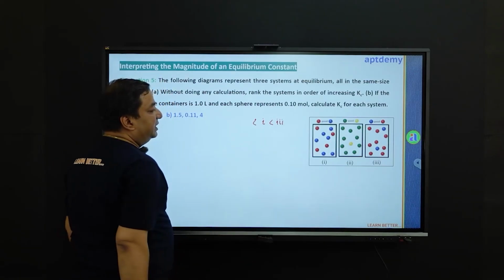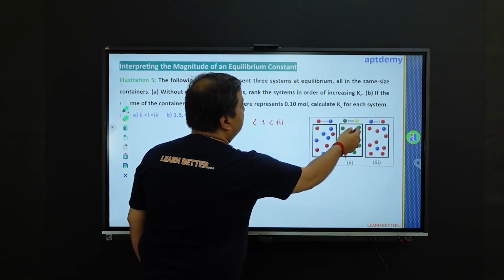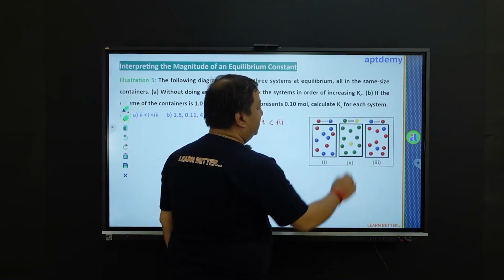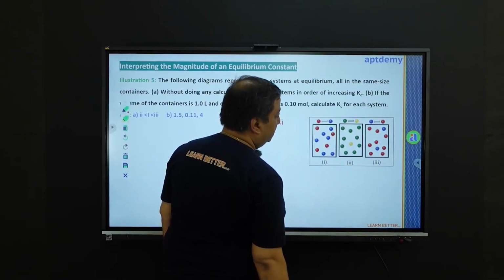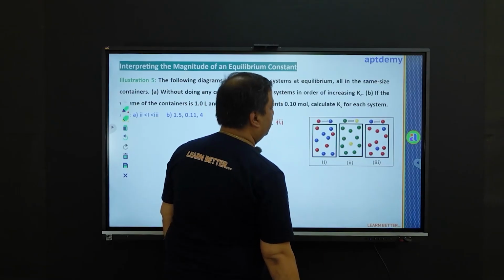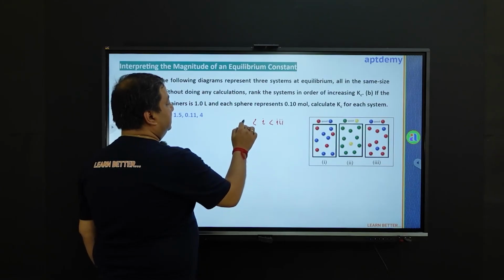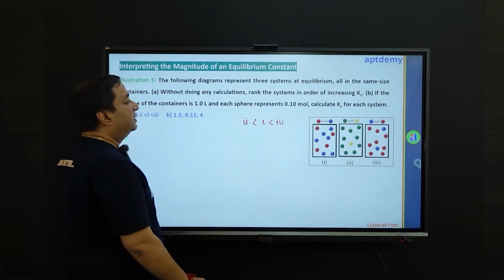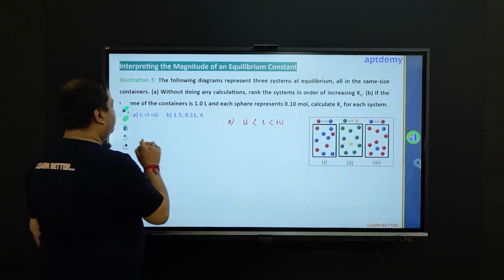We are left with only box 2, and in that there is only 1 product molecule, and the rest of the molecules, which are green, are the reactants. There are 1, 2, 3, 4, 5, 6, 7, 8, 9, the counting is correct, so there are 9 reactants. So box 2 will have Kc less than 1 and will be the lowest. So this should be the correct order for Kc. This is part A of the problem.